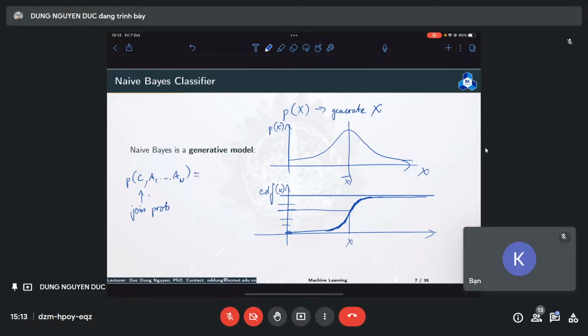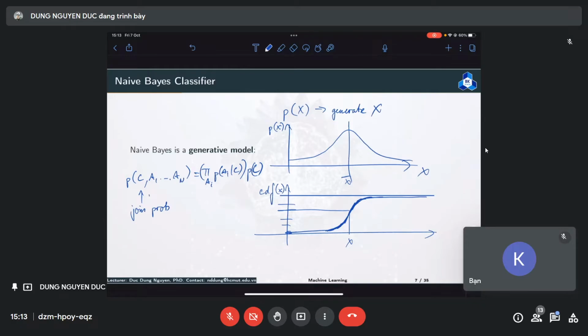And this is easily formulated as the product of the probability of Ai given C, multiplied with P(C). Okay, and so you have the data. If you have the joint probability, you can generate all the data of all the classes you want. Just give it a call and you can have the data.